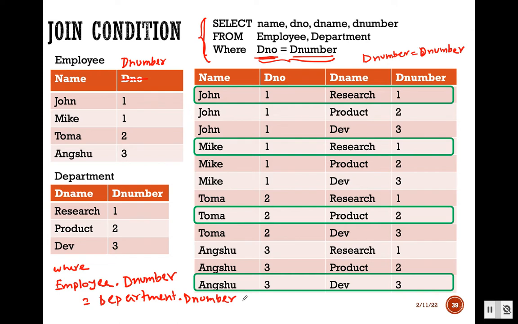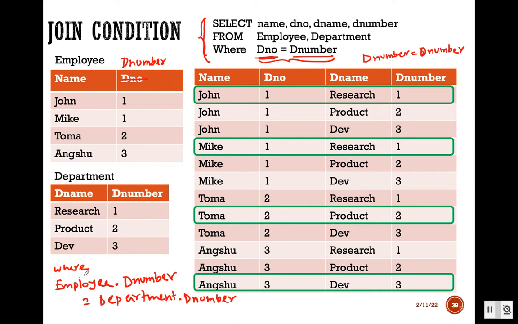So if you have the same attribute name in different tables, and you want to join them using a join condition on that attribute name, then we have to use the name of the table and the dot operator to explicitly mention which attribute is coming from which table.